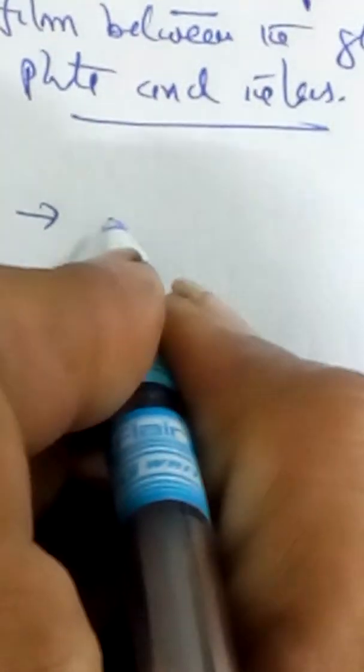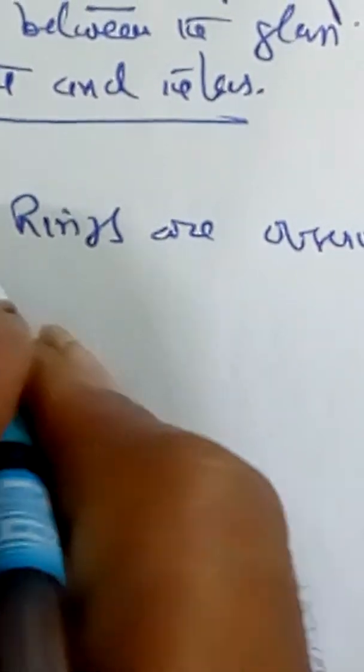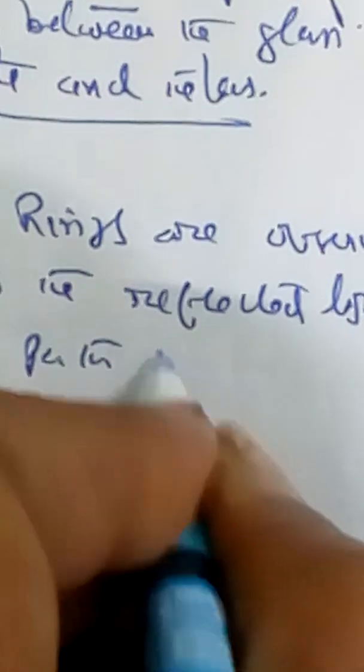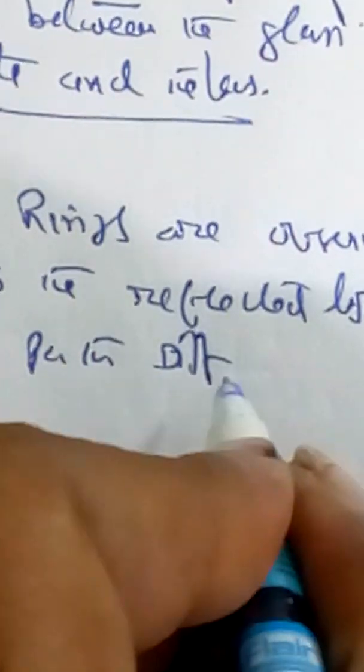Where do you observe the rings? You have to understand, rings are observed in the reflected light. What is the path difference?